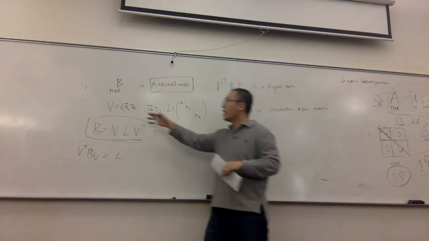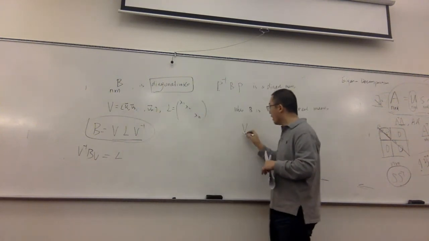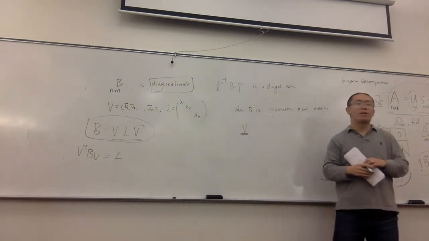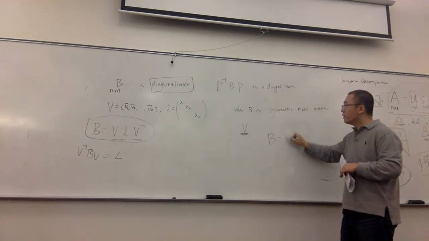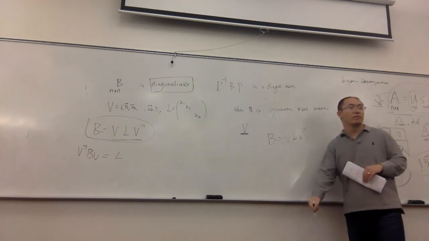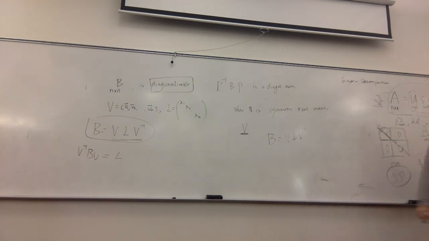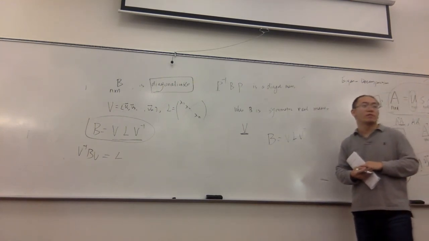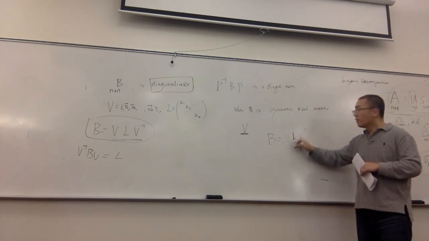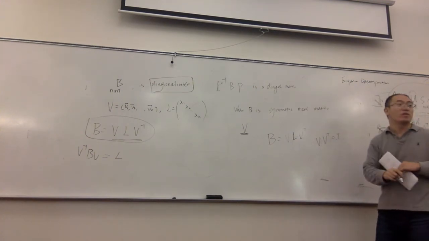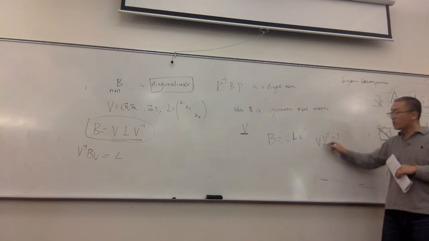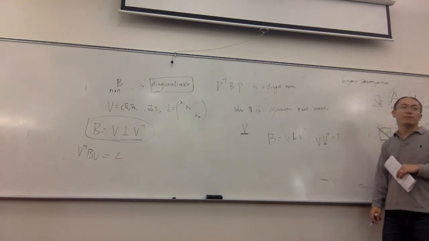And if we normalize each eigenvector, we end up with an orthogonal matrix V. And then the eigen decomposition of B is simply V L V transpose. But this is for symmetric real matrices. Why? Because V is orthogonal, right? So we know V transpose times V is the identity matrix. So actually V transpose is what? Inverse. Yeah, V inverse, right?